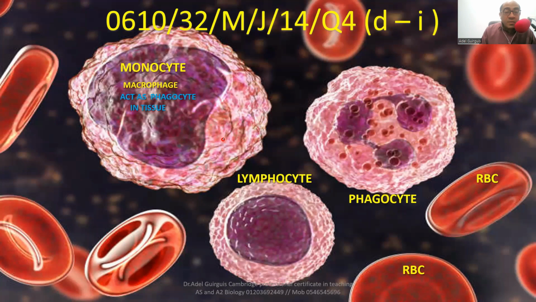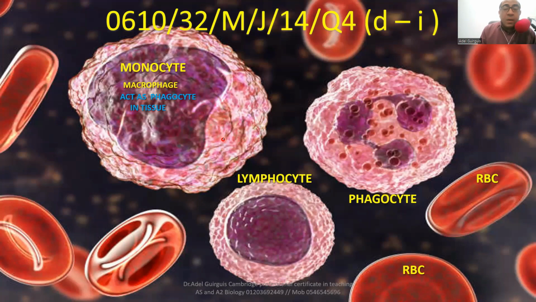Look also at this type of white blood cell, the monocyte, not in our syllabus, but a type of phagocyte also called a macrophage. It is very large, but its name as macrophage comes from engulfing microbes in tissues, not in blood. In blood it is called a monocyte, in tissue a macrophage, okay?